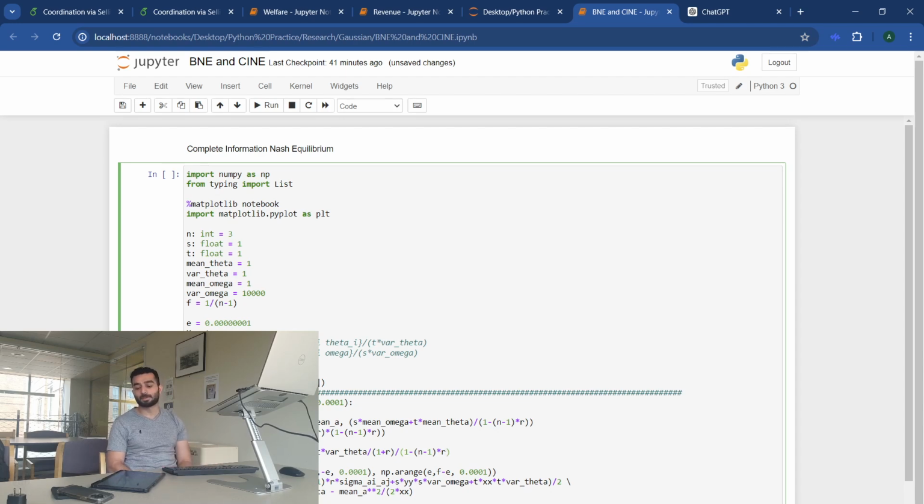Perfect, right? RT var theta. And then we want to have sigma AI squared and sigma.